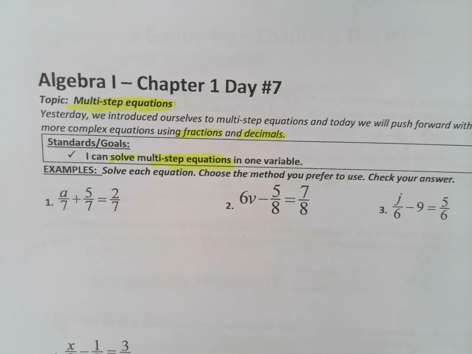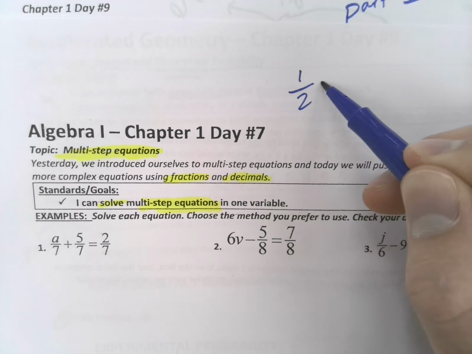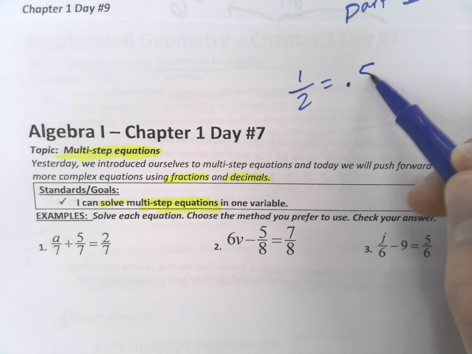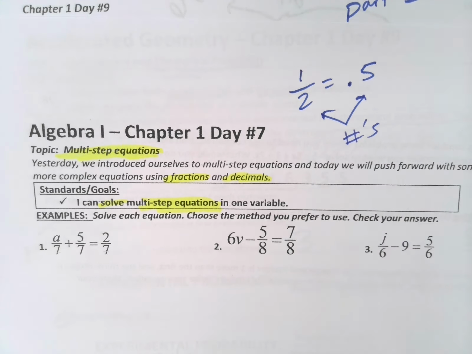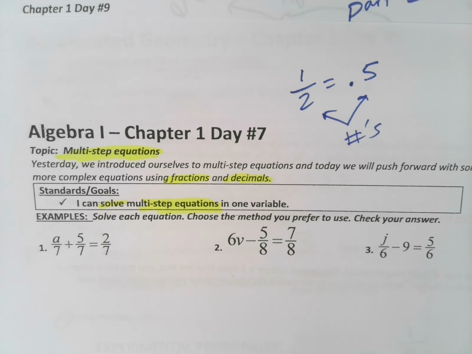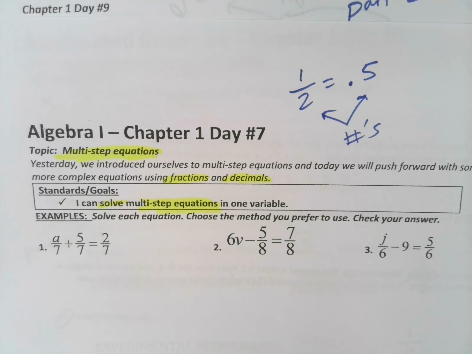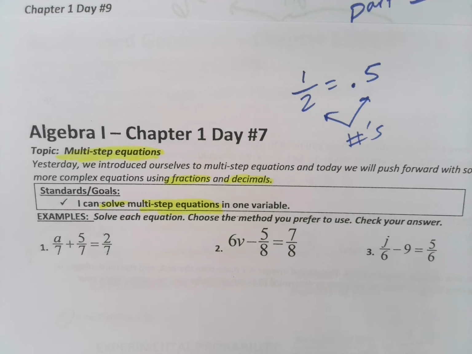But guys, a fraction is just a number. A decimal is just a number. 1/2, that's 0.5. These are both just numbers. We can add, subtract, multiply, and divide numbers. We can do anything with these that we could with any normal numbers. So let's try not to panic here.